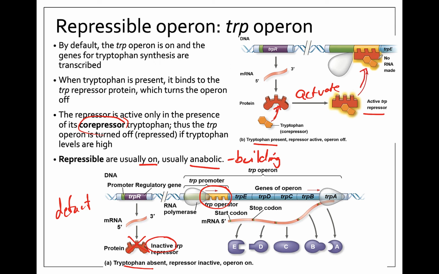And you can see how this shape is going to fit right here in the operator. So when the repressor binds to the operator, it's going to turn it off. This becomes repressed. Hence, it is a repressible operon when tryptophan levels are very high. And then eventually, when tryptophan levels are low, this tryptophan will unbind, the repressor will go back to its inactive state, and then the operon can turn back on again.